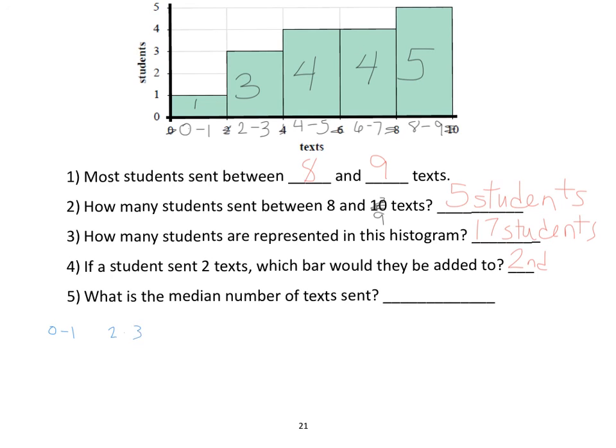and 2 to 3 is 3 times, and 4 to 5 is 4 times. So instead of writing just one number, we're writing what the actual interval is. And then we have 6 to 7 4 times. And now we have 8 to 9 5 times.